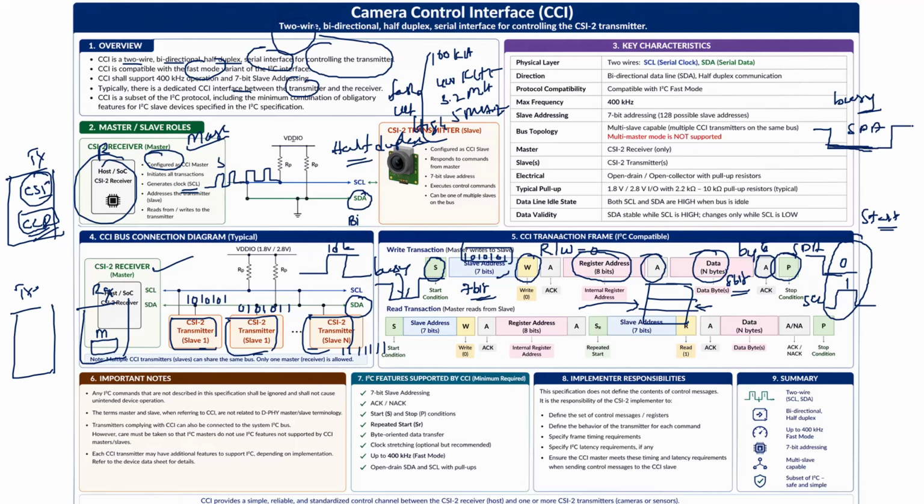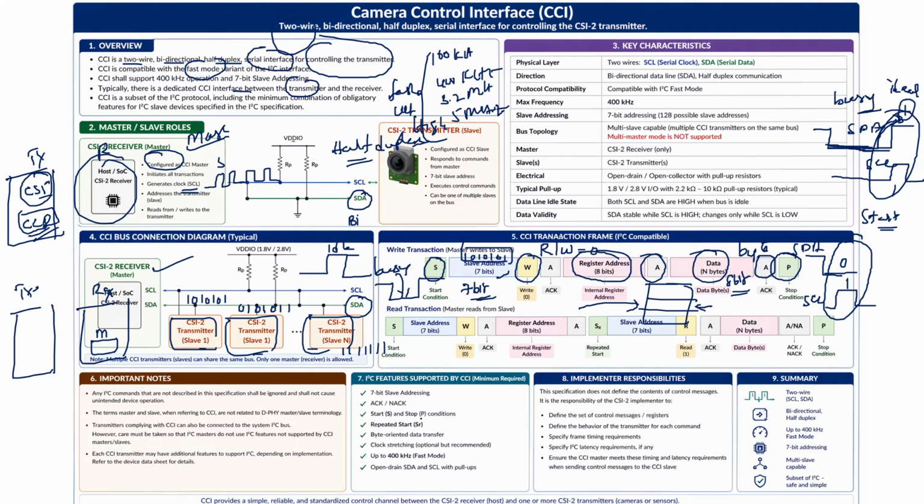After that, it is pulled from low to high. Whenever it is in high condition, it is in idle condition. At that time, the clock signal should be maintained high. SCL should be high while the SDA line is pulled from low to high. Then only we are stopping the transmission. Clear?